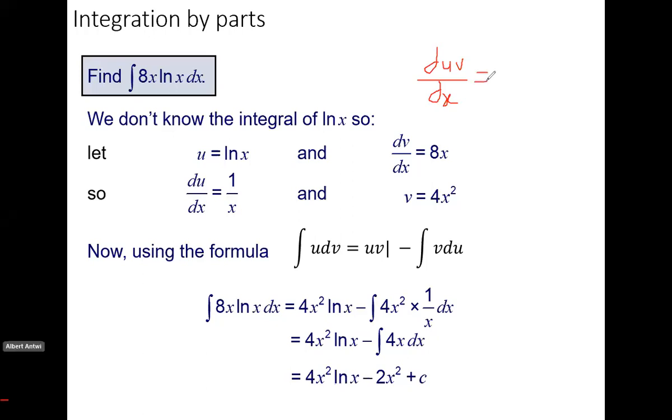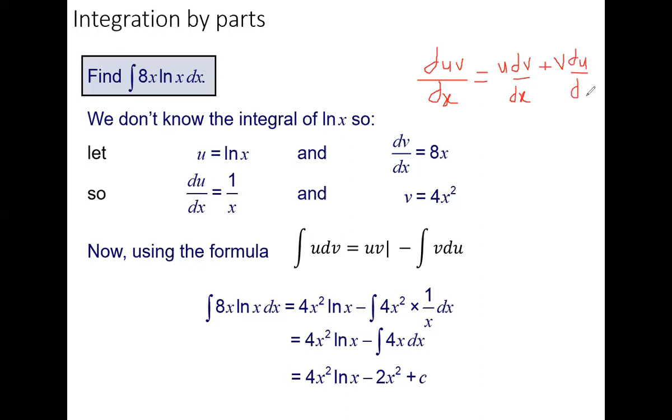So when we're doing the product rule, the derivative of uv gave you u dv/dx plus v du/dx.